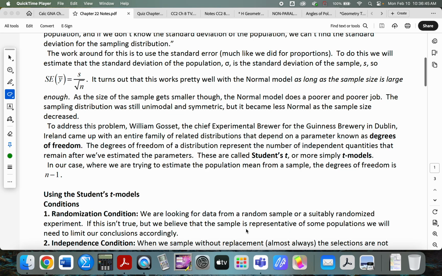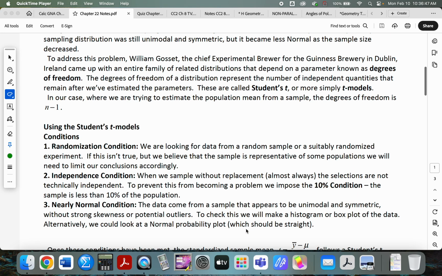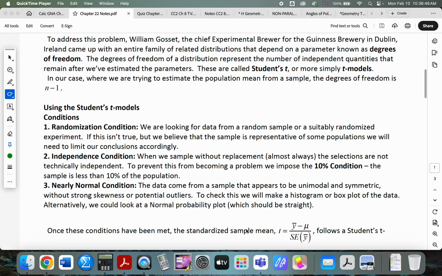So how did we get around this problem? It turns out that a really smart guy by the name of William Gosset, who was the chief experimental brewer for the Guinness Brewery in Dublin, yep, the people who make Guinness Stout and the other variations, was doing experiments to try to make their beer better.